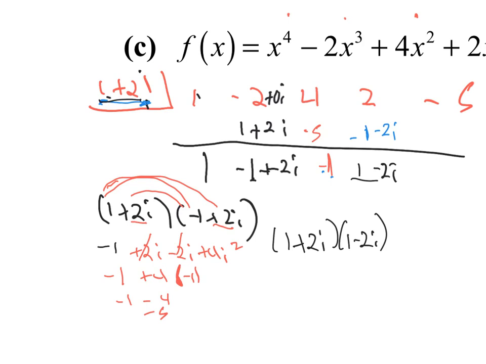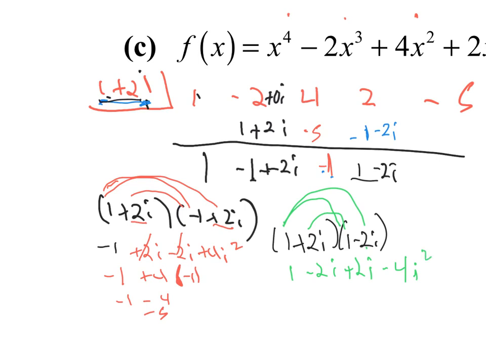There's a secret. We should know the answer, because the outside and inside should cancel out. But just in case you forgot, 1 times 1 is 1. 1 times negative 2i is minus 2i. 2i times 1 is a plus 2i. You see, they do cancel. And a plus 2i times a negative 2i is a negative 4i squared.